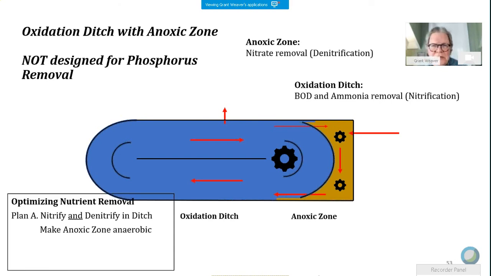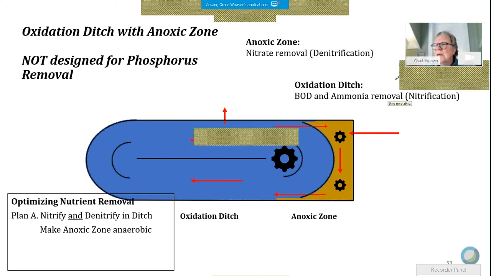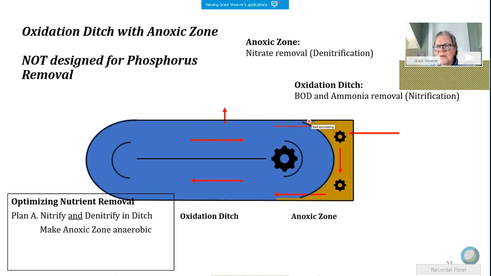In either event, now the ditch, the blue, has taken care of your nitrogen removal, and your brown shaded area is available for phosphorus removal. So now we're going to want to close that gate. This gate up here, the internal recycle gate basically, allows mixed liquor from the ditch. I'm going to close that to the extent you can. And as it's closed, this then will become more septic.